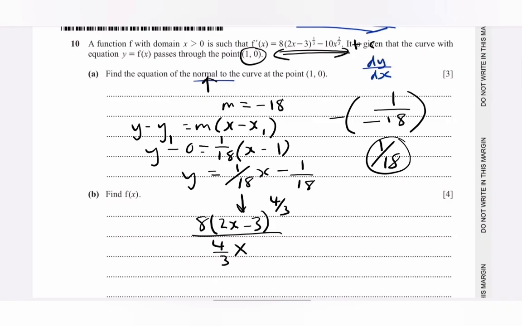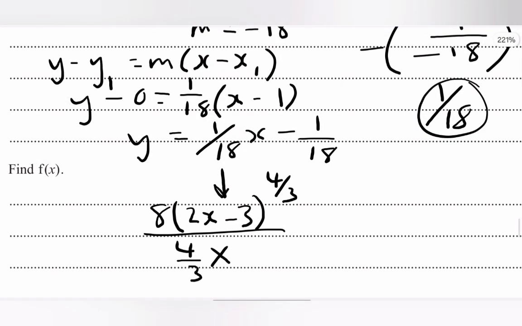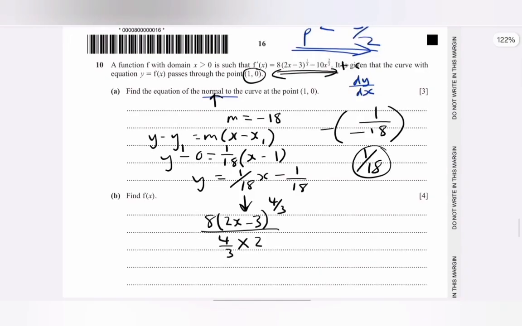If we differentiate 2x minus 3, we get 2, so we multiply by 2 there. Then say minus 10x, add 1 to that power, so 2/3 plus 1 is 1 and 2/3, which is your 5 over 3, and you divide by the new power and you add a constant like that.